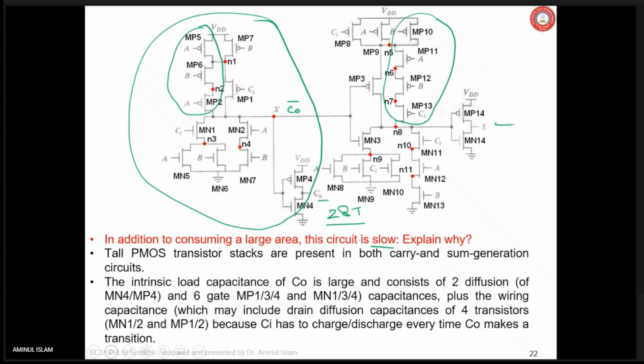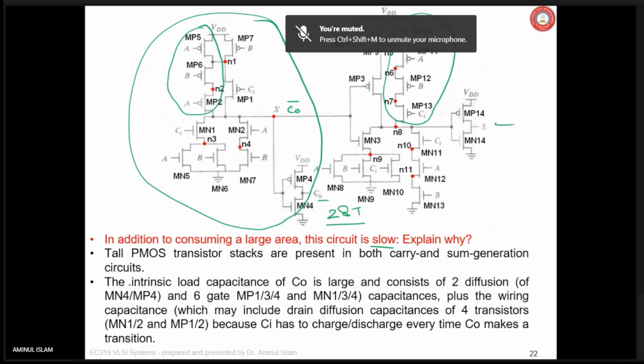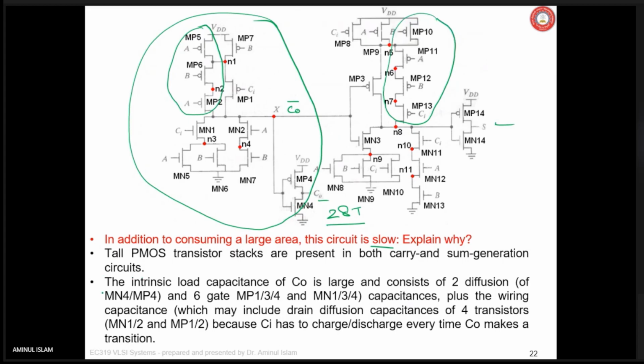Harsh Tripathi, are you there? Yes, sir. It's written here 2 diffusion capacitance. Is there any doubt? I have hinted here also. See, drain diffusion capacitance of this 2. What is the doubt? Sir, I'm not able to find MP3.